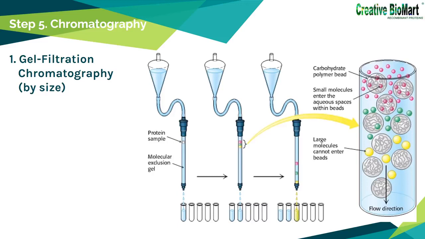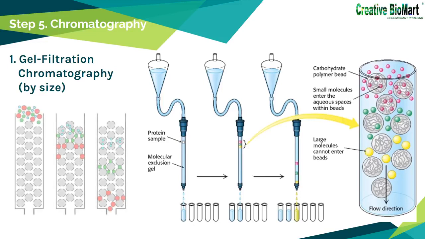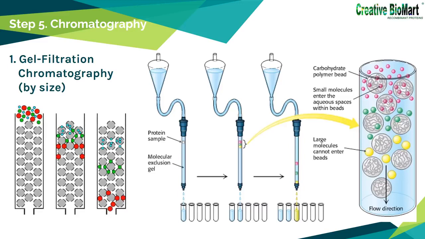Chromatography allows more discriminating separations on the basis of size. The column consists of porous beads made of insoluble but highly hydrated polymers such as dextran, agarose, or polyacrylamide. We apply the sample on the top of a column. The small molecules can enter the pores of the beads, but large ones cannot. Thus, the small molecule goes both inside and between the beads, whereas the large one goes only between the beads.